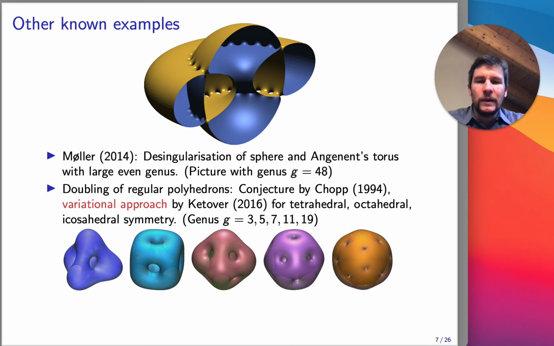And there has been a variational approach to finding these by Ketover for tetrahedral, octahedral, or icosahedral symmetry. These are genus 3, 5, 7, 11, and 19. Unfortunately, because this is a variational approach, it's not clear whether one really finds the objects that are depicted here.